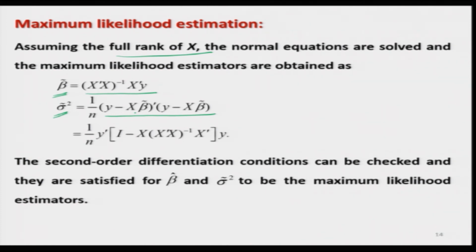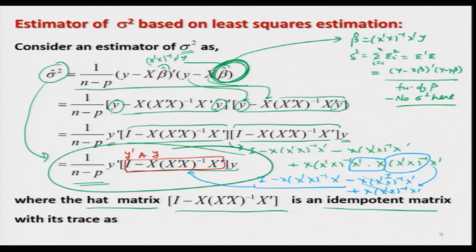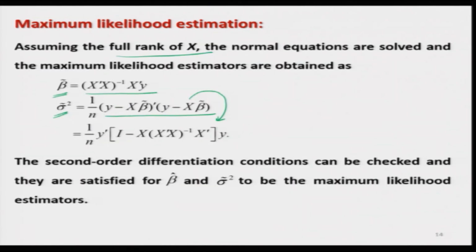If you solve this quantity, I will not do it again here, but you will get the expression 1 upon n into y transpose into the hat matrix, I minus x into x transpose x whole inverse into x transpose, into y.